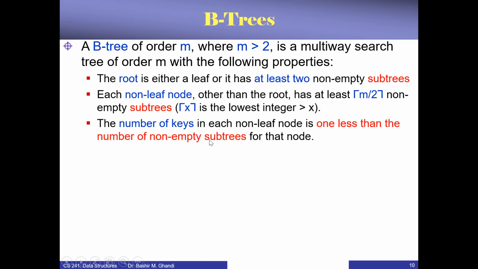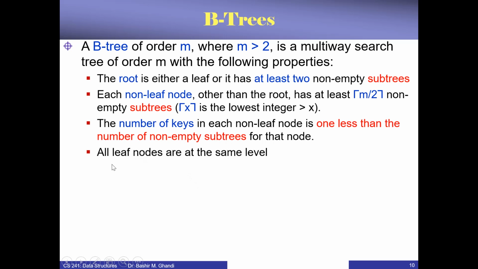In B tree the relationship between the keys and the subtrees must be the number of subtrees is equal to the number of keys plus 1. So if you have n keys, you must have n plus 1 subtrees. If you have n plus 1 subtrees, you must have n keys. That relationship must be maintained in a B tree.